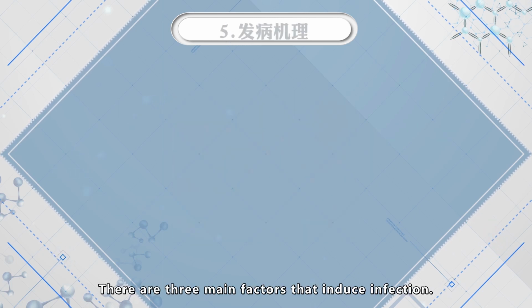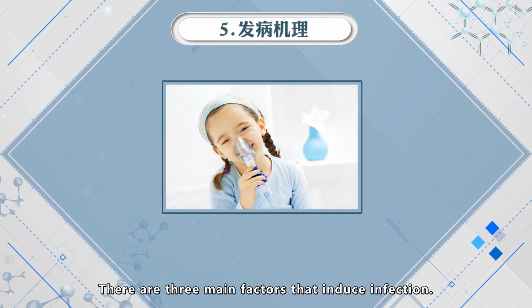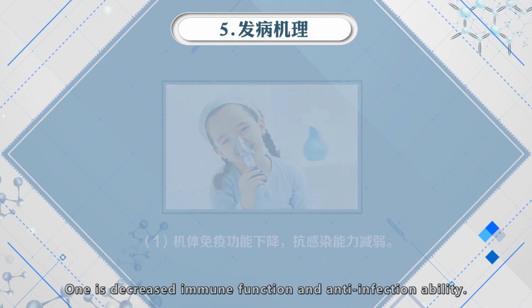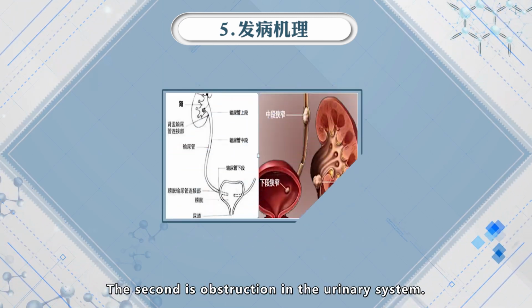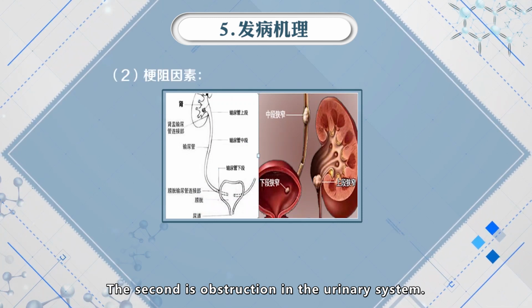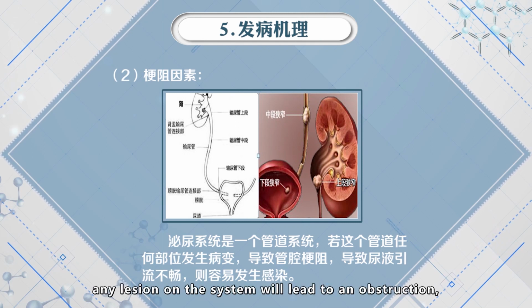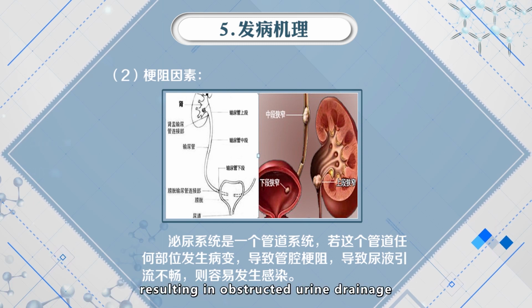There are three main factors that induce infection. One is decreased immune function and anti-infection ability. The second is obstruction in the urinary system. As the urinary system is a piping system, any lesion on the system will lead to an obstruction, resulting in obstructed urine drainage and making the system prone to infection.